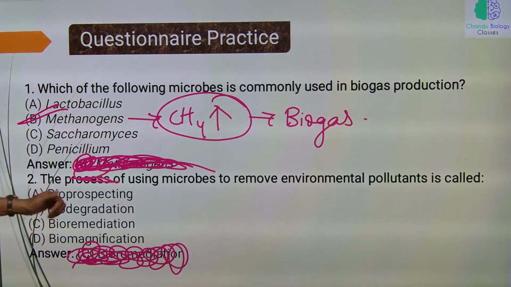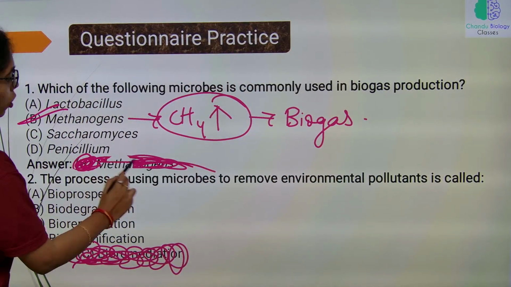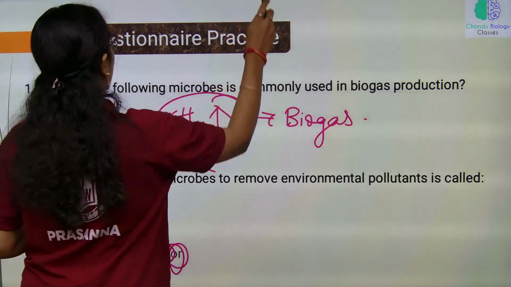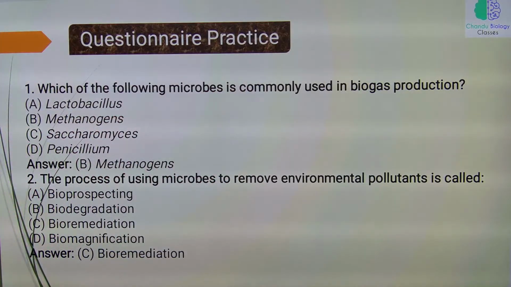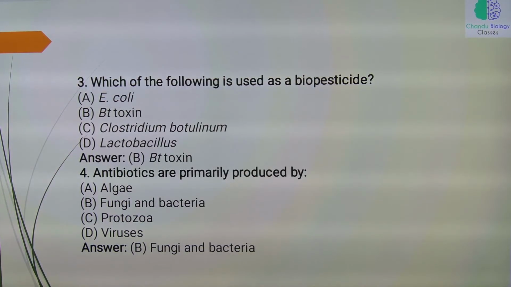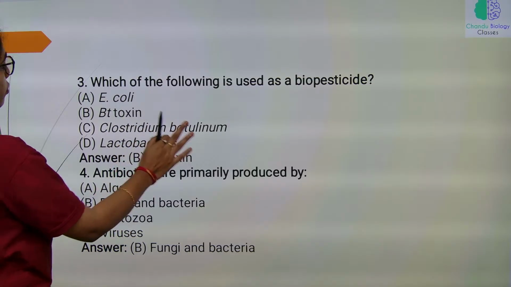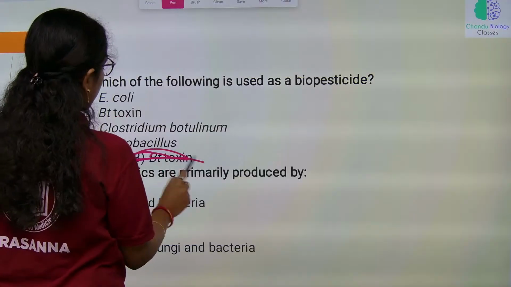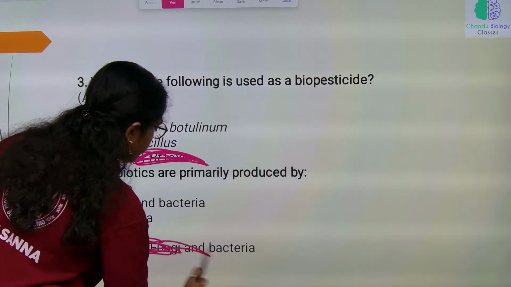Next, ma'am, the process of using microbes to remove environmental pollutants is called what? Bioremediation, which we looked into yesterday, the process of removing environmental pollutants, be it metal toxicants or organic compounds, all the pollutants. Removal of that is bioremediation.